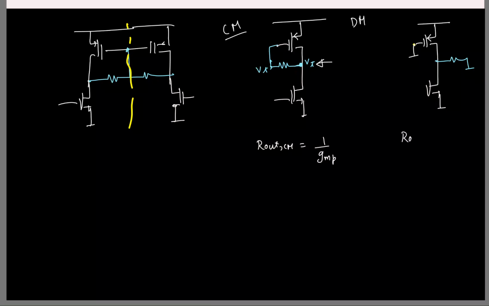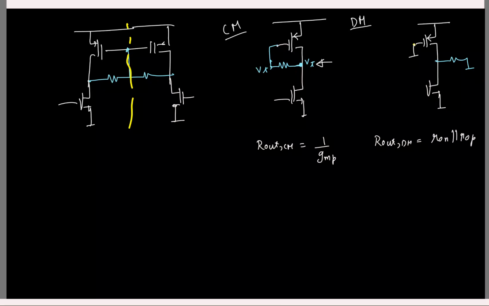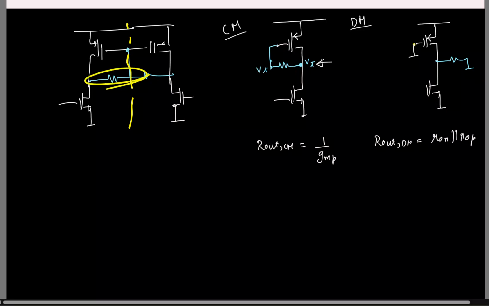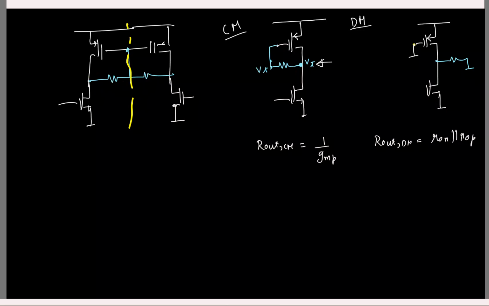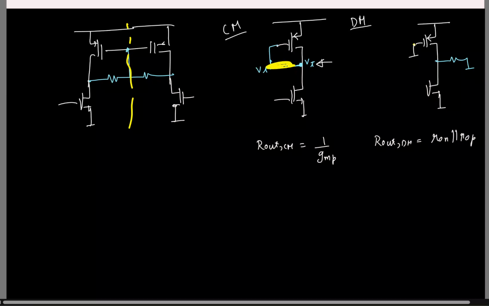So here what is the output impedance in the differential mode? Yeah, it's RCM parallel with the two output resistances. So let us say RCM is large enough, that is basically this guy. Okay. But if you didn't have this guy at all, if you didn't have this common mode feedback, you will not have this thing.